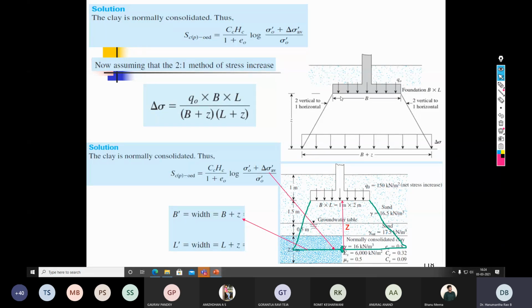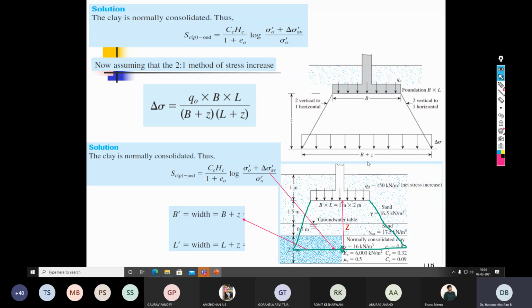When you draw the free body diagram, this is how it looks. If B is the width of the footing at the foundation level, then at the middle of the clay layer this becomes B plus Z.